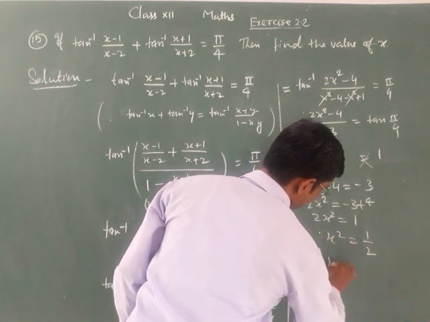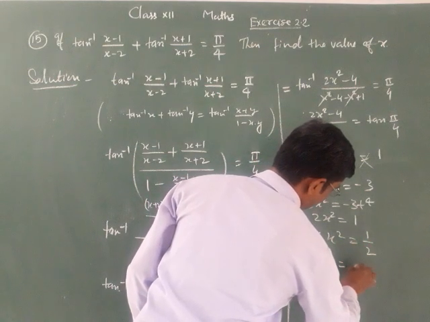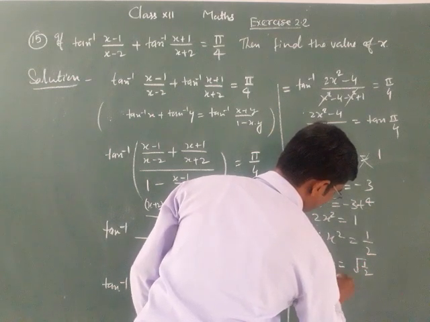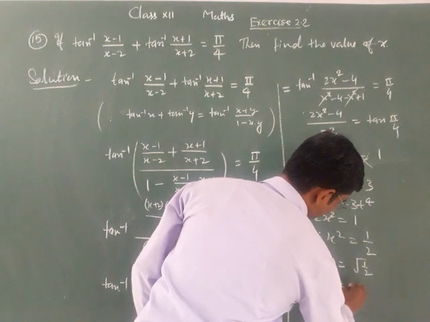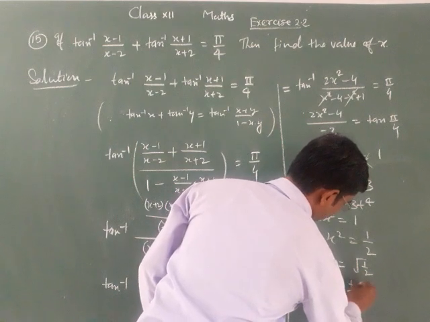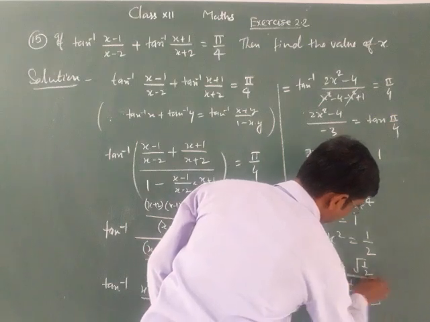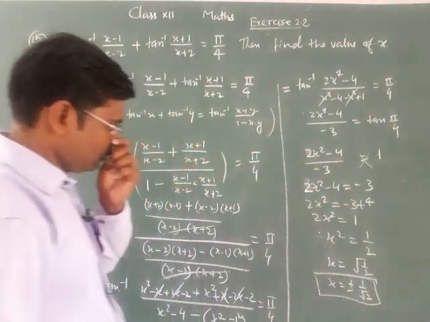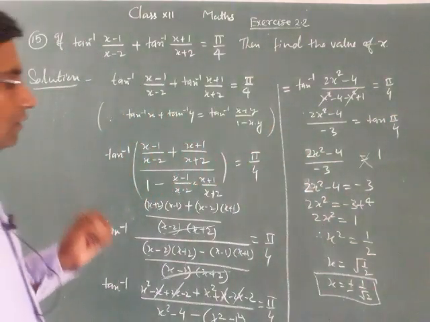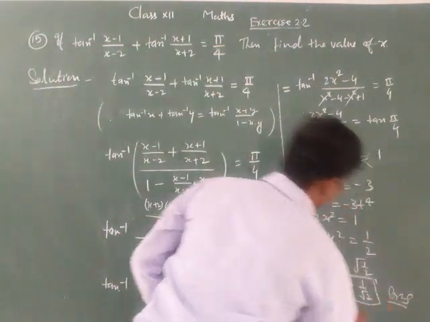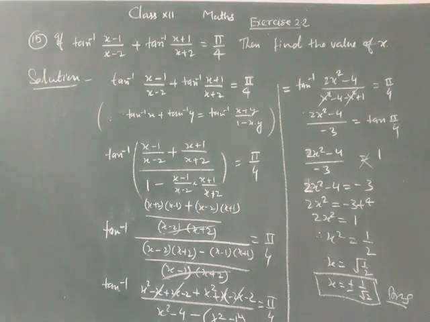So x is equal to root 1 by 2. So this is x is equal to plus minus 1 upon root 2. So this is the value of x, given the function.